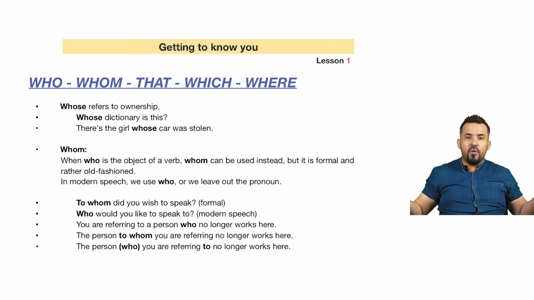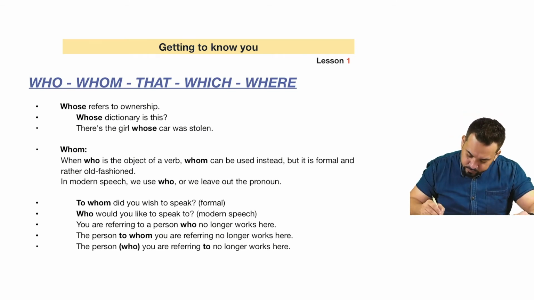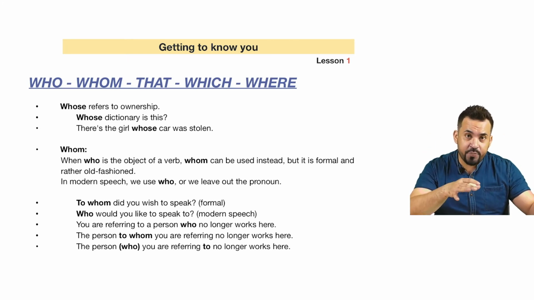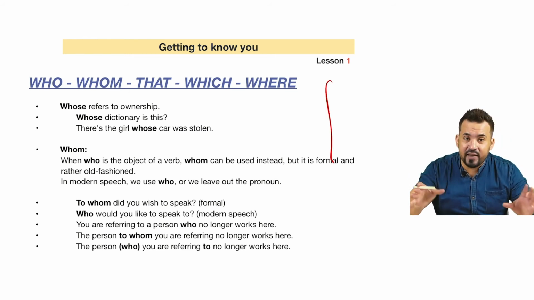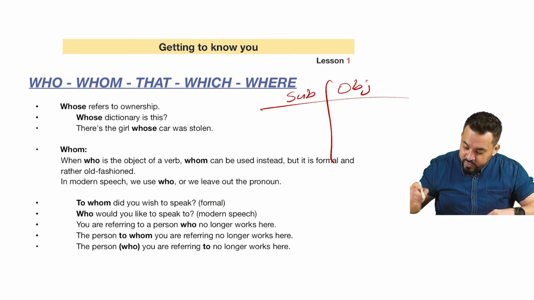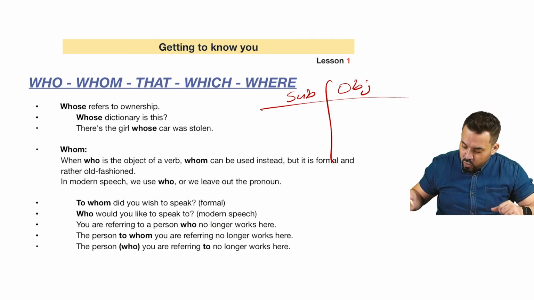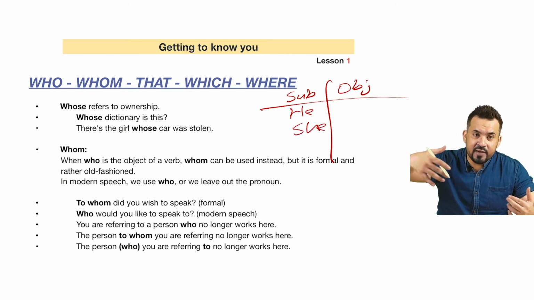Now, a quick recap. A quick review here, just a reminder. We have subject pronouns and object pronouns, right? So we will take he and she only. You should know this and remember them because we covered them in the previous course, the beginner's course. So we have I, he, she, it, you, we, they.